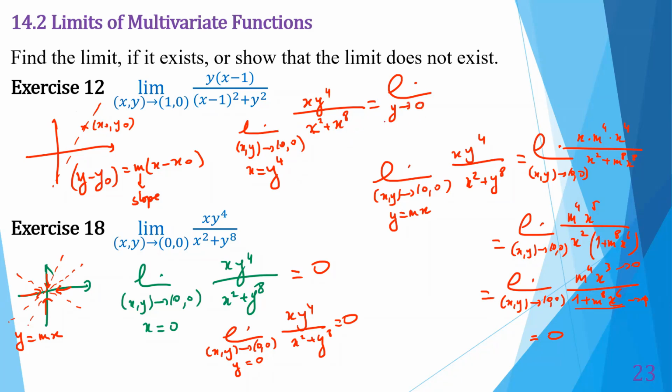We have only one variable: the limit as y goes to 0 of y^8 over y^8 plus y^8, which is y^8 over 2y^8. This limit is a half, which is different from the limits through other paths. So we found a path for which the limit is not 0, so this limit also does not exist.